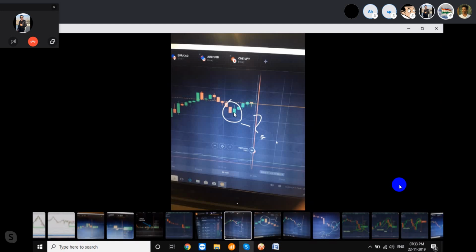Tell me what kind of candlestick. Sir, it's bullish engulfing, maybe. Is it a bullish engulfing? No. That's why I put a question mark there. How is it a bullish engulfing? The bullish candle is covering this bearish candle? No, no, sir. Then yes, I just got that.